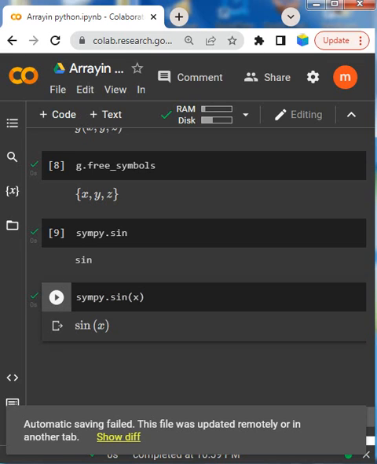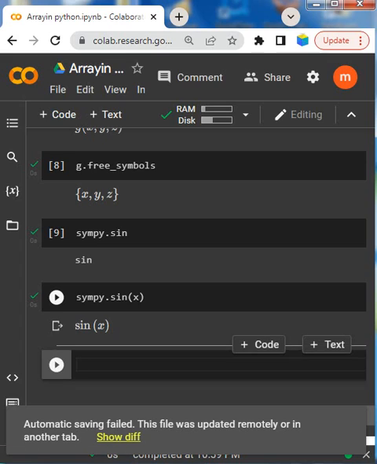And similarly, if I write sympy.sin of pi multiplied with 1.5, 2.5, 3.5, you can easily get a value.